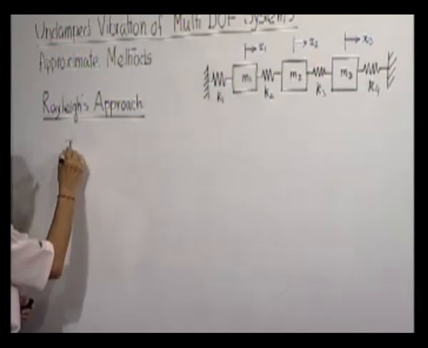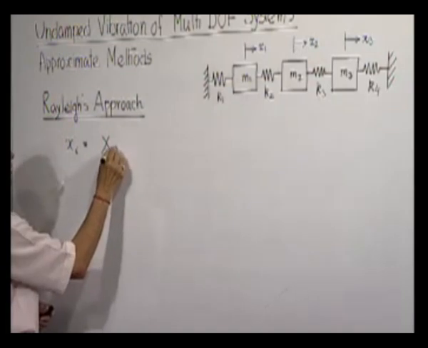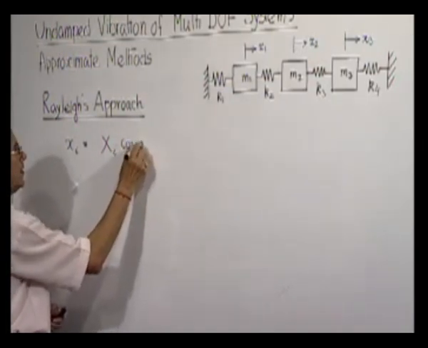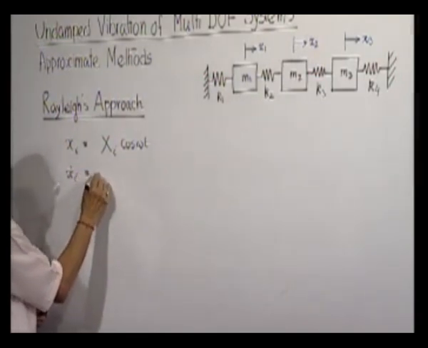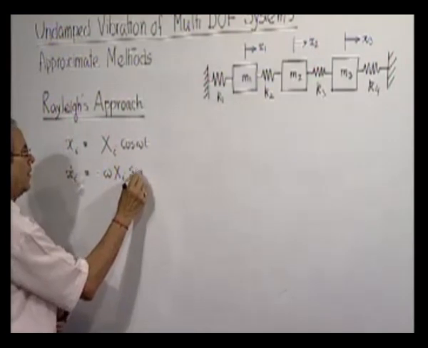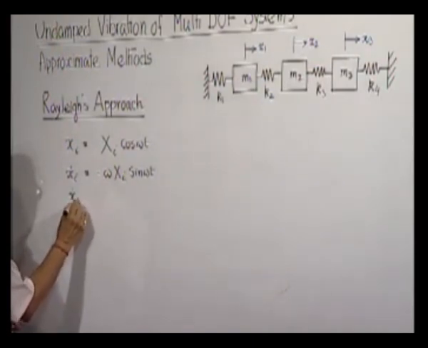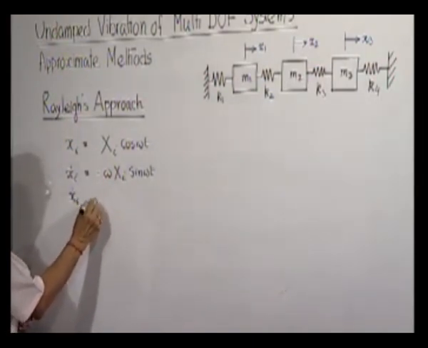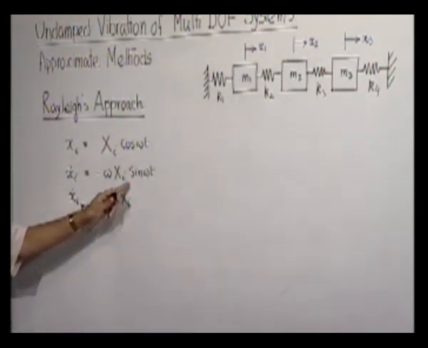So, if the normal mode can be represented like this, then xi dot is the velocity, and the maximum value of the speed of each one is omega Xi, because the maximum value of sin omega t can be only 1.